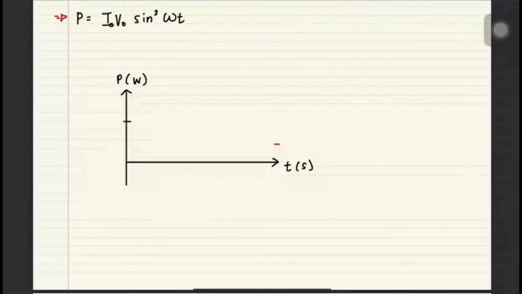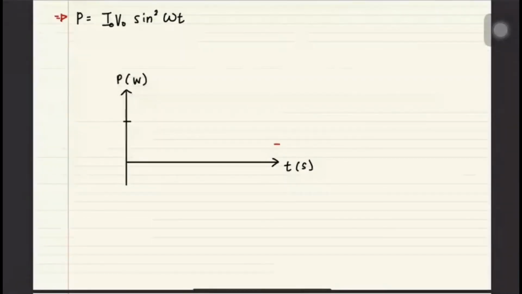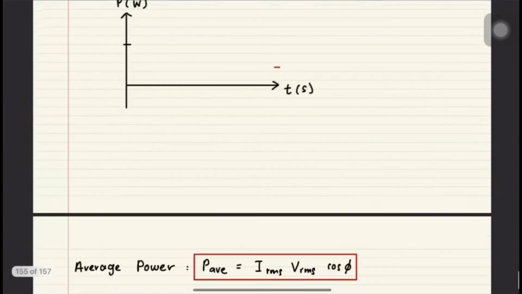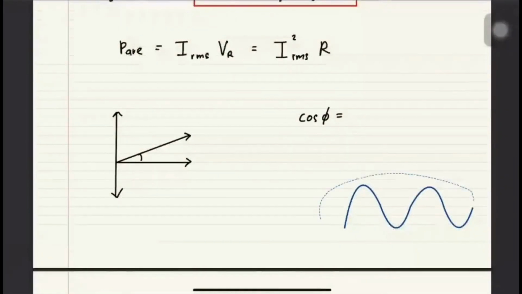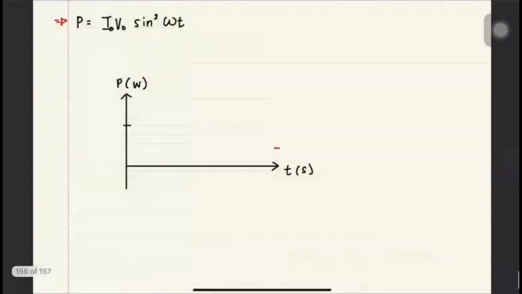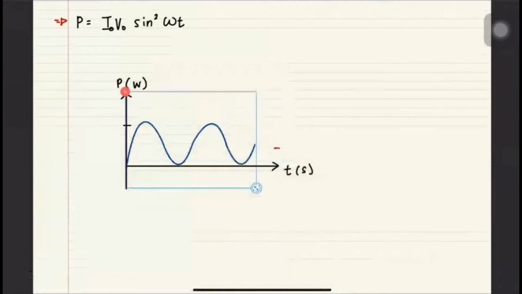If I want to plot sin square, basically it is just a sin graph, only on the positive side. The usual sin looks like this, this sin looks like this. Everything is on the positive side.